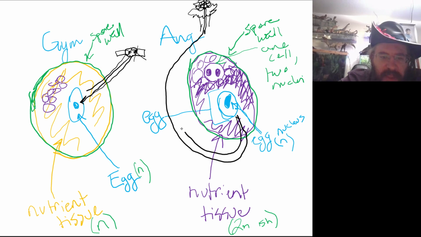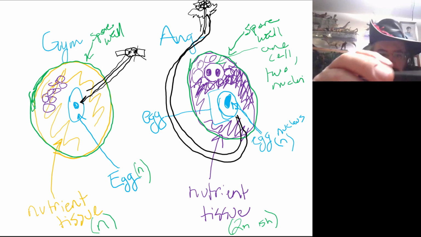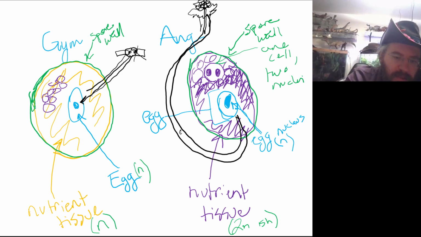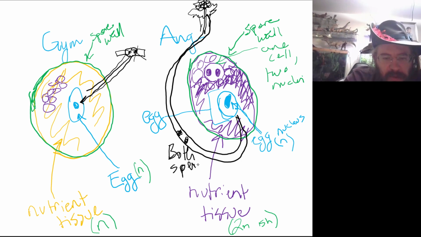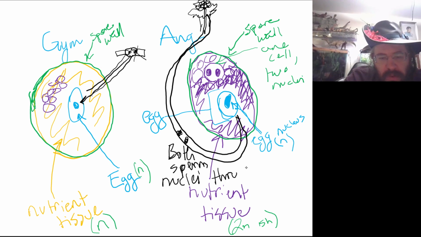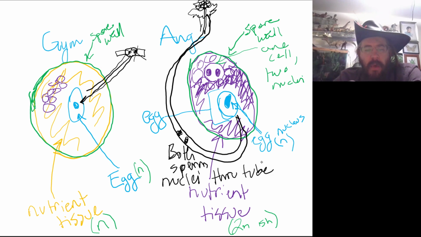And a fun thing is going to happen. Both sperm nuclei go through the tube. One sperm nucleus fertilizes the egg.